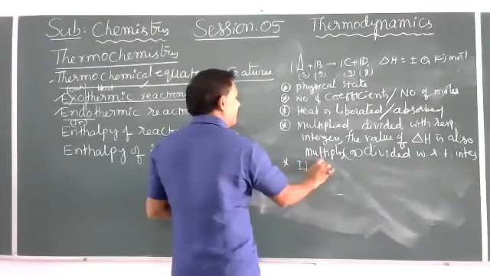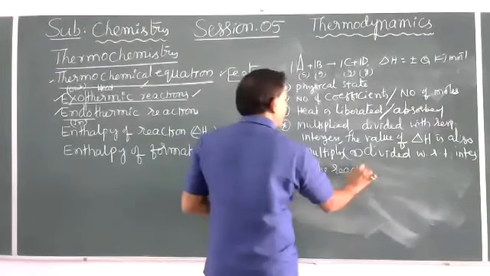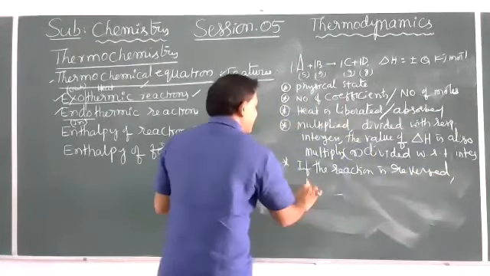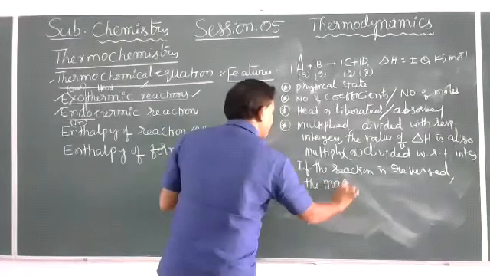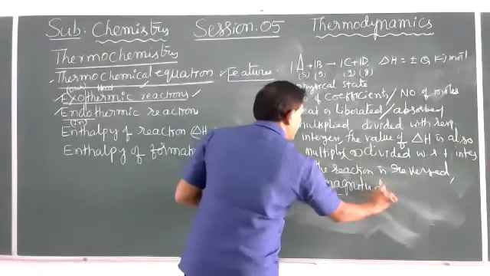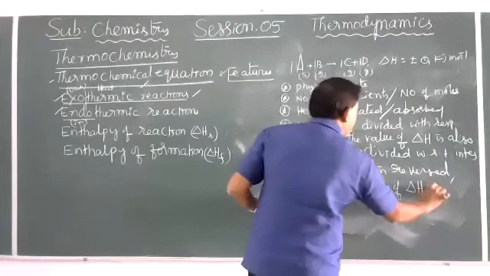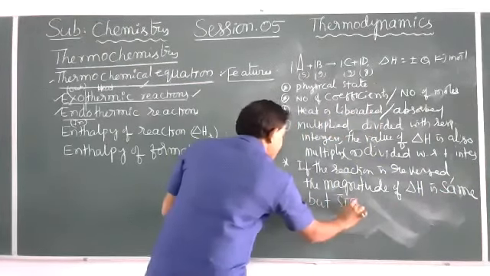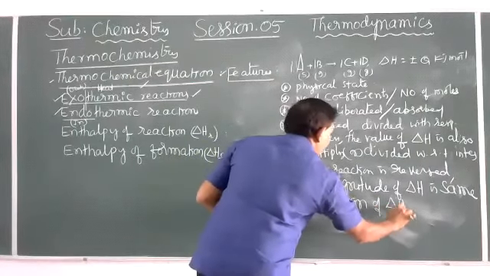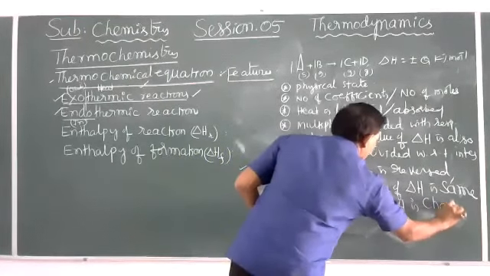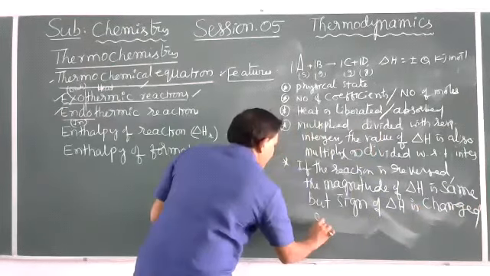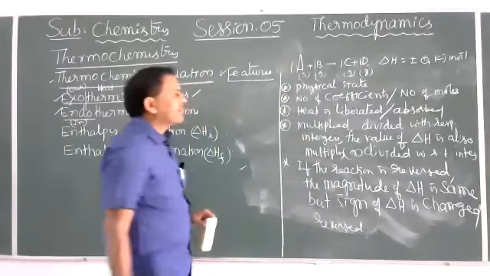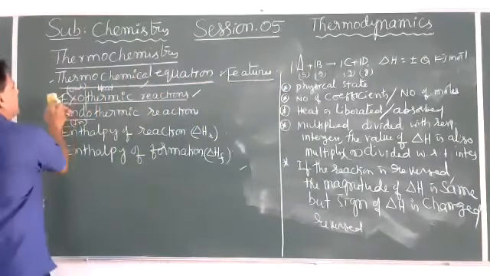If the reaction is reversed, the magnitude of delta H is the same, but the sign of delta H is changed, that is reversed. These are some important features of thermochemical equations.